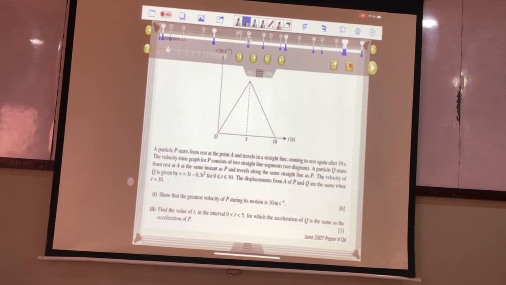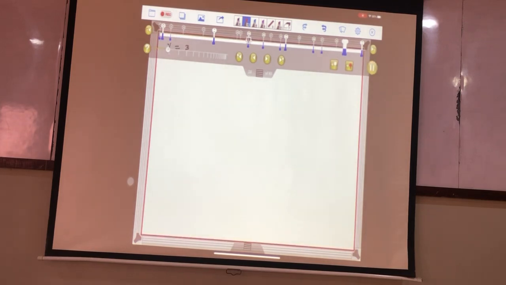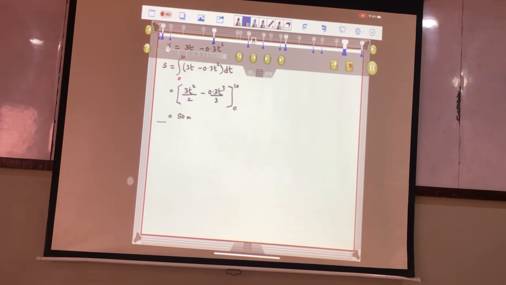But how would I evaluate this particular distance? Let's see. Velocity is this expression. Since they are covering the same distance in the same time interval, which is 0 to 10, integrate this expression and find a value of displacement, which is 50 meters.